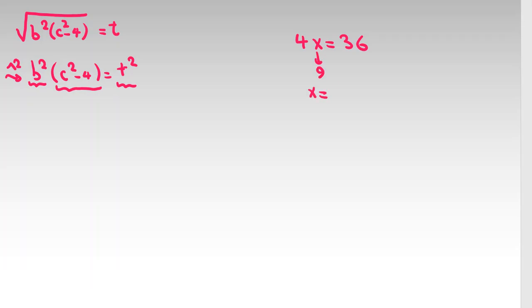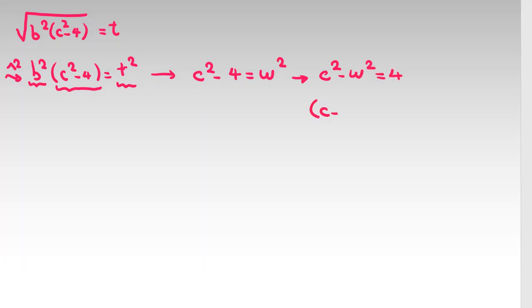So c squared minus 4 should also be a perfect square, for example w squared. So c squared minus w squared equals 4, so c minus w times c plus w equals 4.